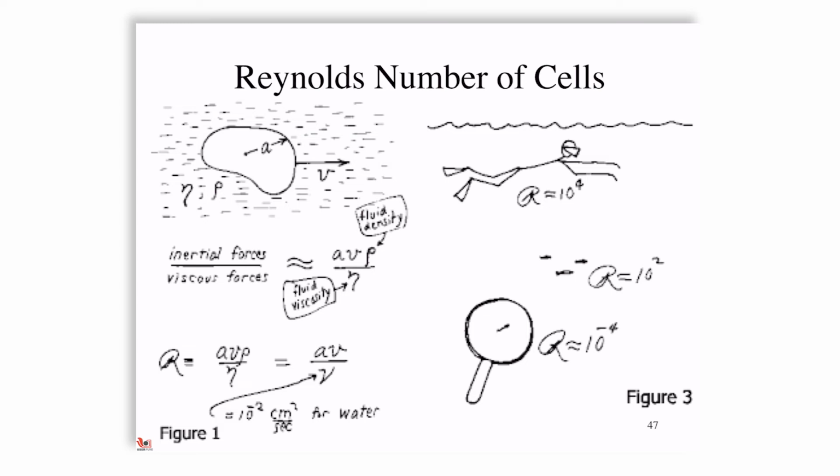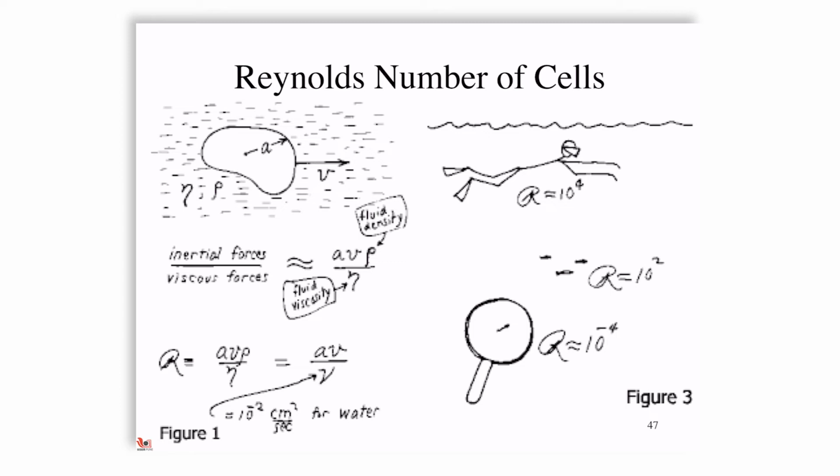And this was what was illustrated in our previous discussion, if you recall, of the ratio of inertial to viscous forces being expressed as the Reynolds number. And with a known velocity, for example, bacterial versus human swimming, the Reynolds number is 10 to the power minus 4 for bacteria and 10 to the power plus 4 for humans.